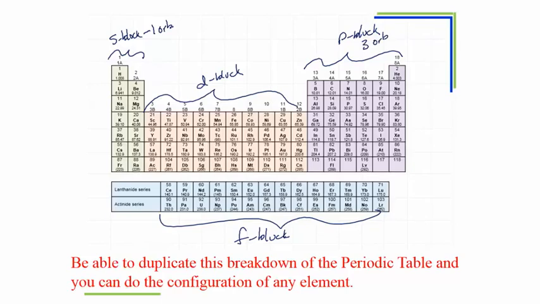In the D sublevel, there are 5 orbitals. Each orbital can hold 2 electrons. This is 10 wide. In the F block, or in the F sublevel, there are 7 orbitals. Each orbital can hold 2 electrons. That would be 14, and this is 14 elements wide. So S in the green, P in the purple, D in the orange, and F in the blue.